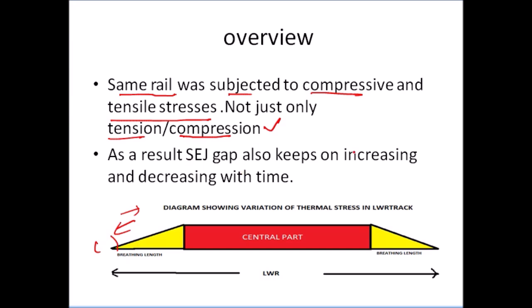The SEJ gap also keeps on increasing and decreasing with time. This is because of both compressive and tensile stresses. So whatever stress diagram we have drawn in the LWR track will have both compression as well as tension, which varies from time to time. That's what we wanted to discuss.